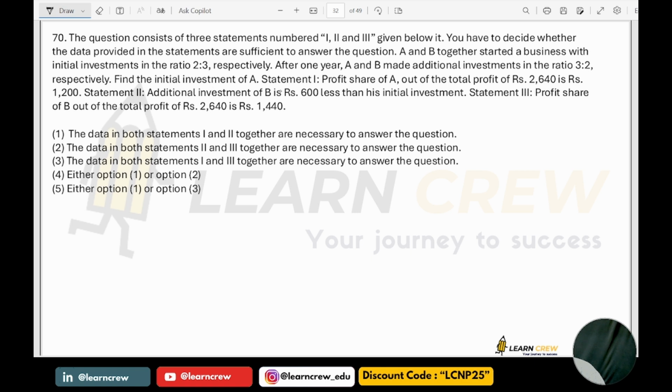Find the initial investment of A. Statement one: the profit share of A out of the total profit of 2640 is 1200. Statement two: the additional investment of B is 600 less than 3 times the profit share of B out of the total profit.